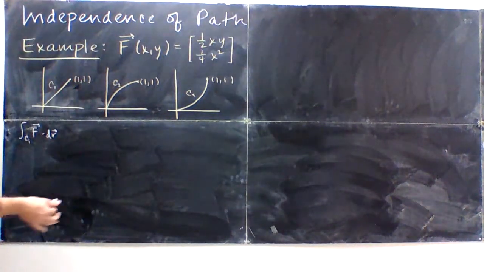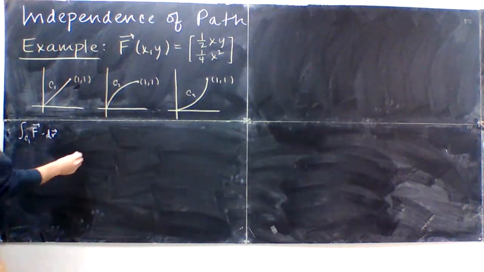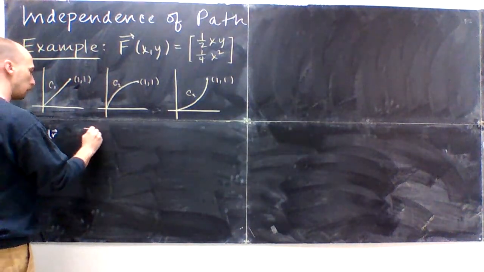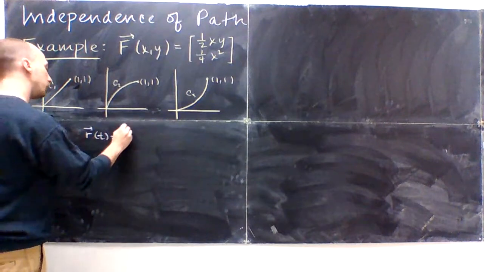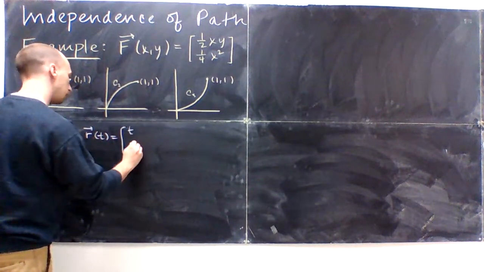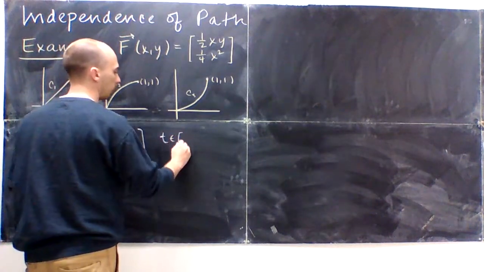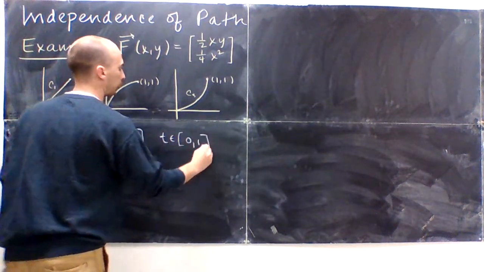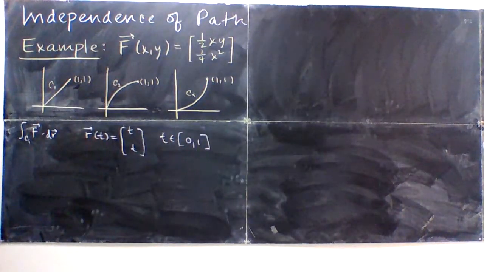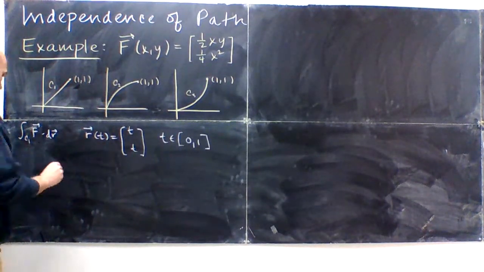Okay, so F dotted with dr is what I'm interested in computing. r of t is x equals t and y equals t, with t running from 0 to 1.